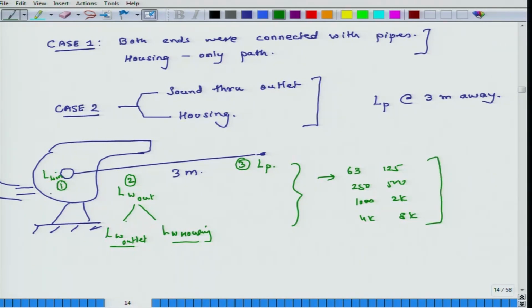So, I have already computed LW in, that does not change. What is LW outlet? It is LW in minus 3 decibels.